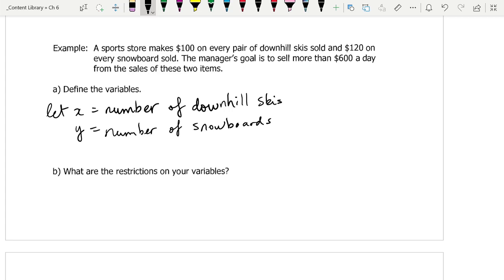So, what do we know? Well, if we sold 1 pair of skis, we got $100. 2 pairs is $200. 3 pairs is $300. X pairs is 100 times X.